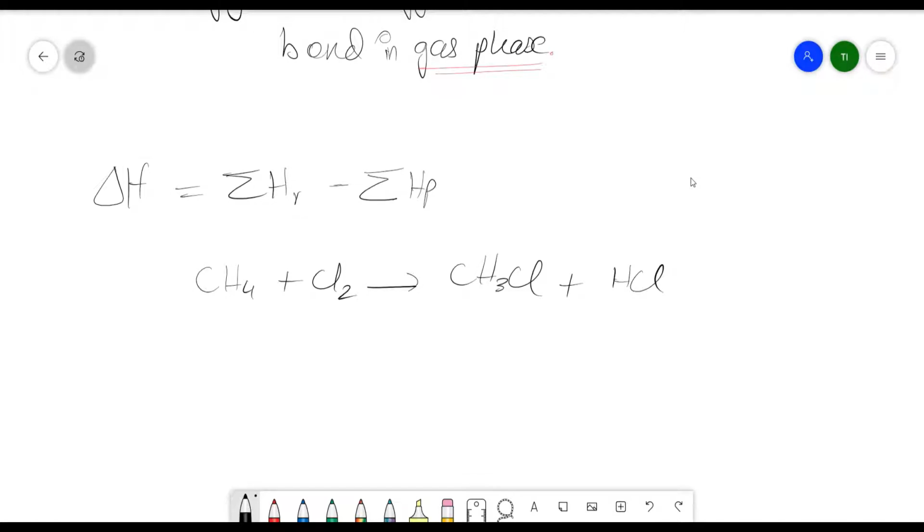So in this case, the enthalpy change of this reaction would be given by, well, I'm not going to include R here because we already have an R and that denotes reactants. So the enthalpy change of this reaction would be the enthalpy change on the reactant side first. So it'll be CH4, right?